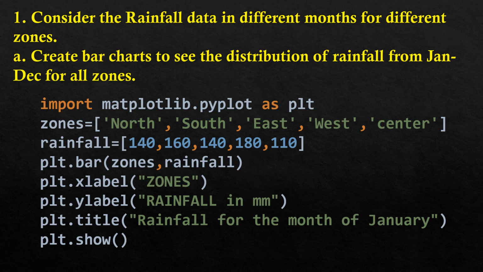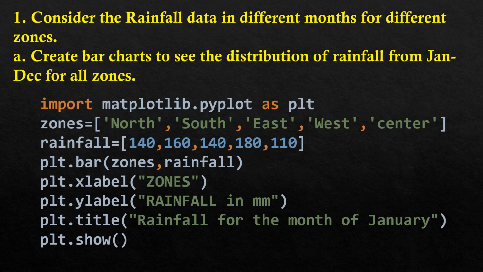Next, there is a list of zones. It contains north, south, east, west, and center zones. Then the rainfall for the month of January is given in this list, that is 140, 160, 140, 180, and 110. Now we have to plot the bar chart, zones versus rainfall.